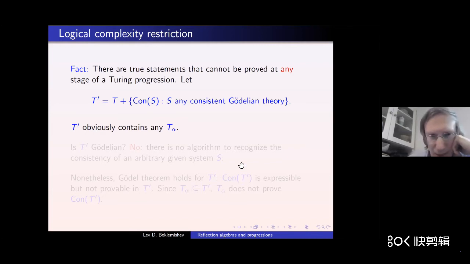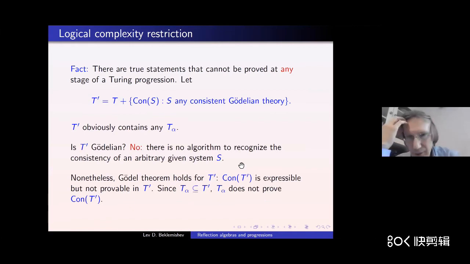One can ask, is the theory T prime Gödelian? No, it is not, because this set of sentences con S that we add to the theory T is not computably enumerable. In fact, it is the opposite. It is co-recursively enumerable. It is pi1 definable, because in order to define this set, we need to define what it means to be consistent.